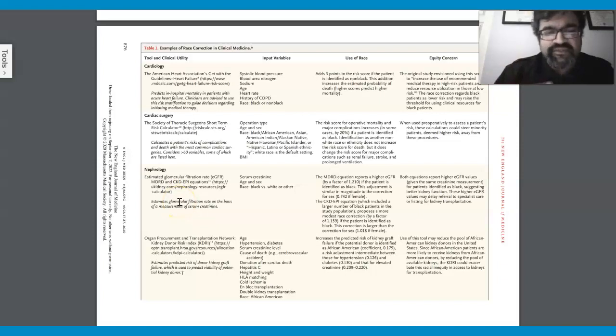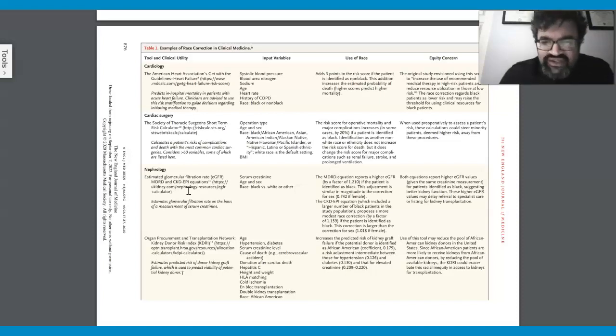Both of these equations can be found, and I've studied both of them, in this link that has been provided. But in very simple terms, this measures the level of chronic kidney disease, the estimated glomerular filtration rate, which is measured through serum creatinine, age and sex, and Black versus white or other.